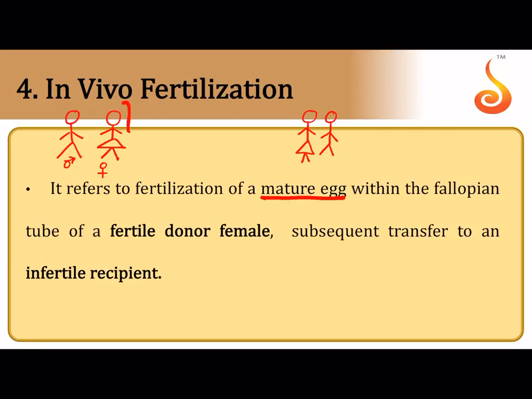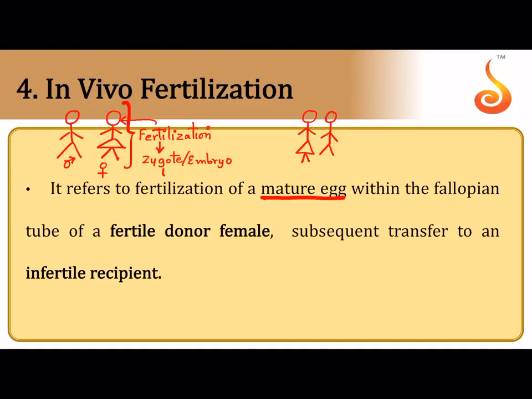Within the normal female, fertilization takes place following sexual intercourse. So fertilization happened inside the fertile female. Remember, this couple is normal. So what is the product of fertilization? The product of fertilization is the zygote or embryo.